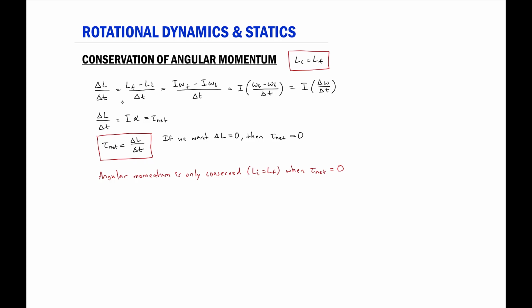Another example would be if you decide to run at and jump onto a small merry-go-round and cause it to rotate due to your impact. Since only internal forces are involved during this process, it follows that a system's angular momentum would be conserved, and we call this a rotational collision.